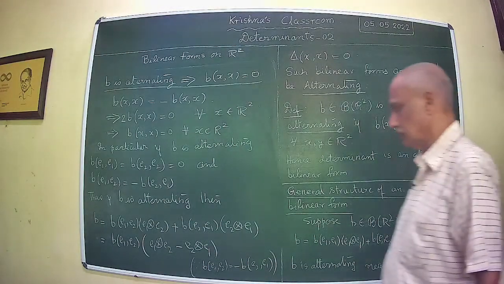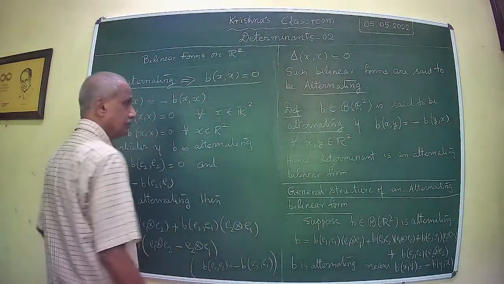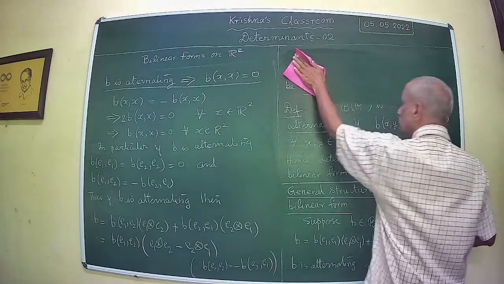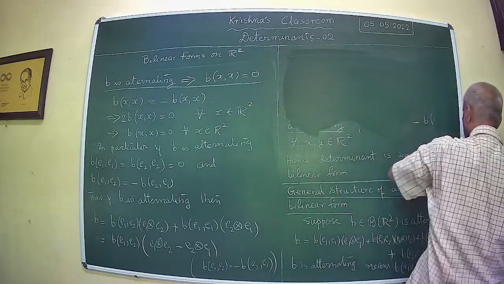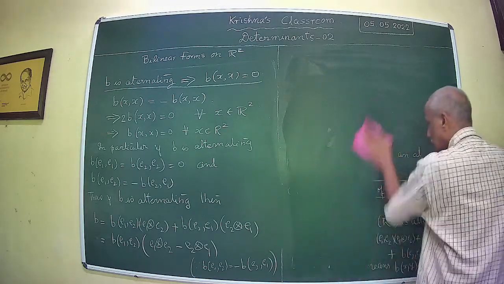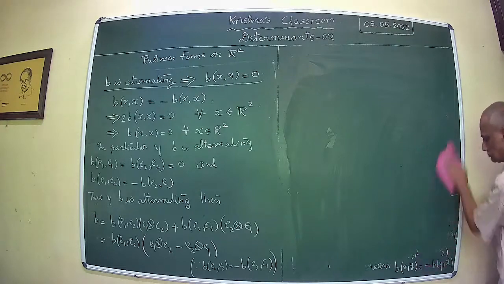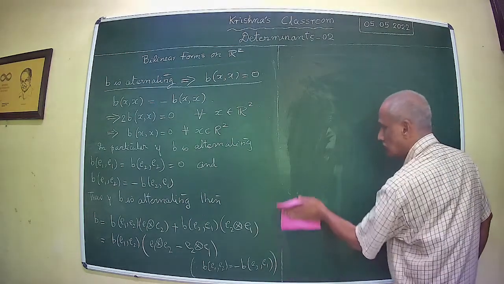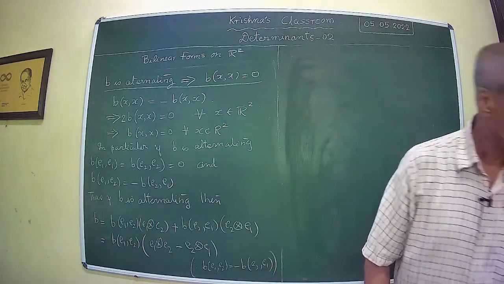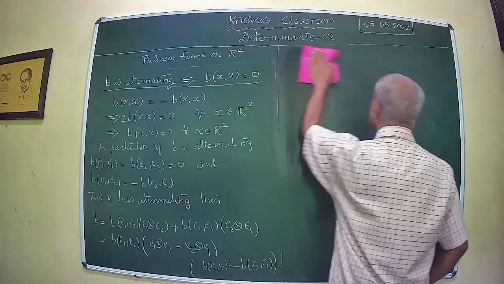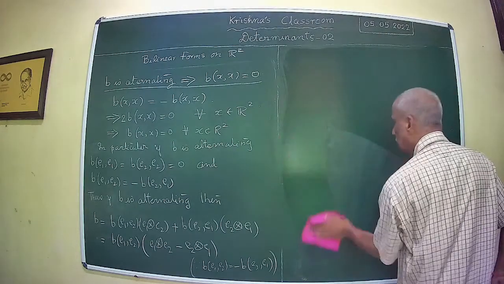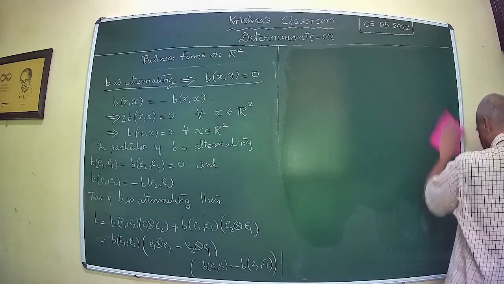Therefore, B is in fact a scalar multiple of, thus B is a scalar multiple of E1 tensor product E2 minus E2 tensor product E1.